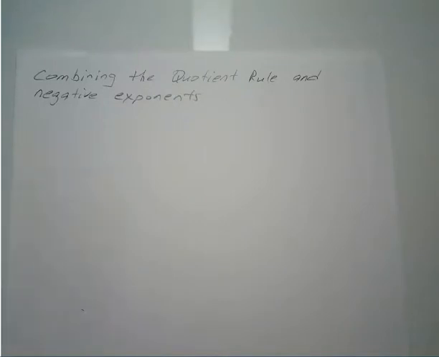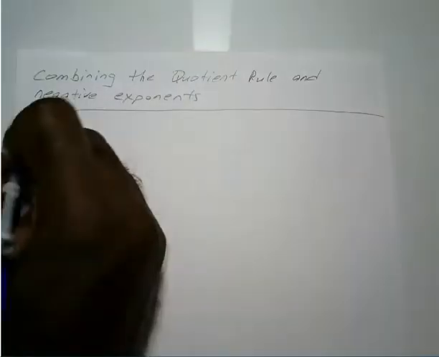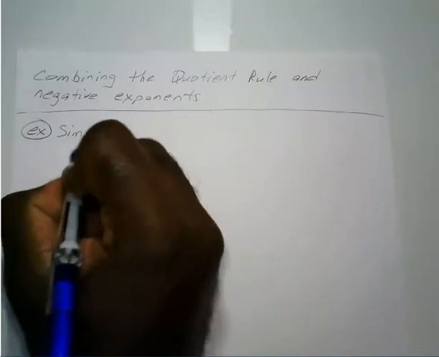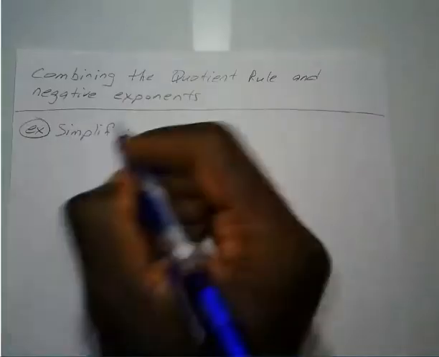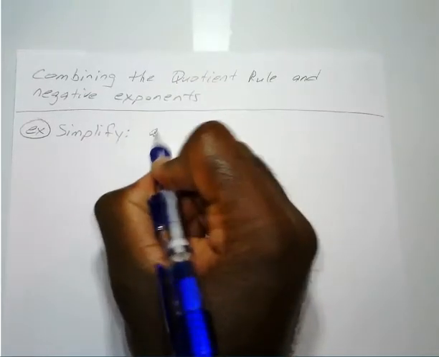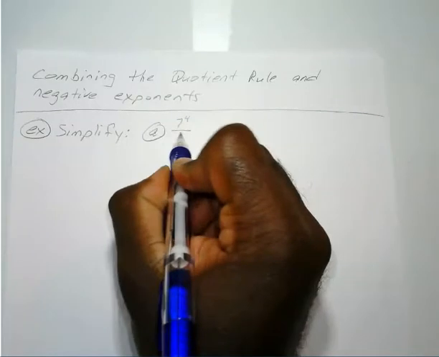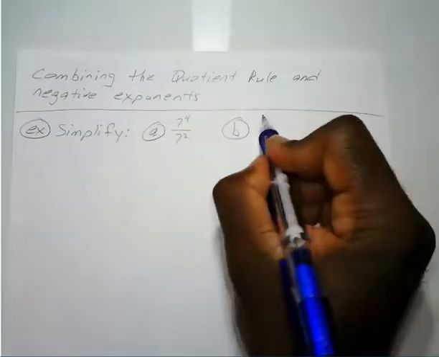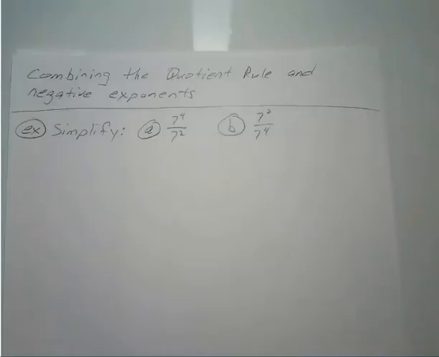Alright, so let's say, for example, we wanted to simplify, for problem A, 7 to the 4th over 7 squared, and for problem B, 7 squared over 7 to the 4th.